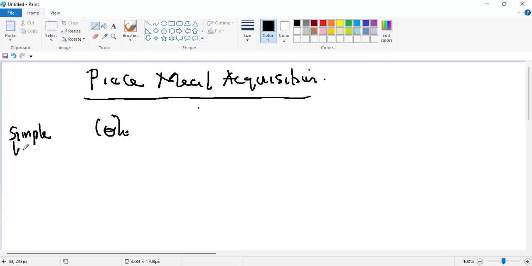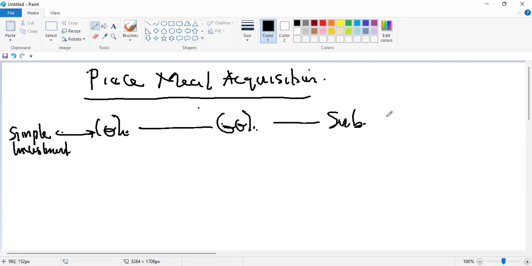Simple investments. And now I acquire an additional 60% in the same company. It has moved from simple investment to subsidiary with total investment of 70%. So this is the first way.